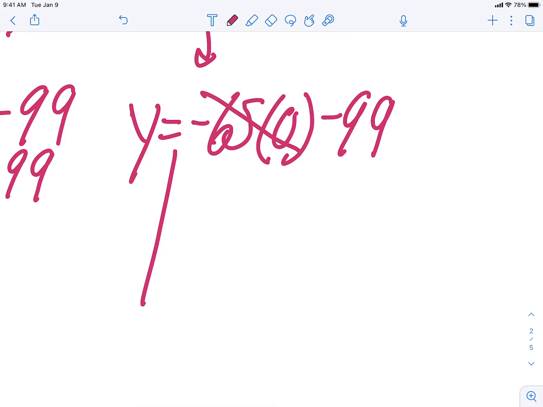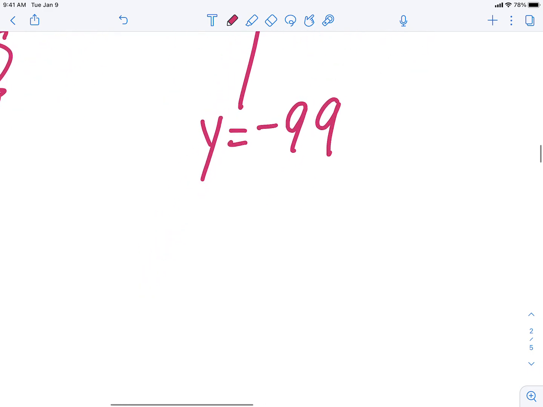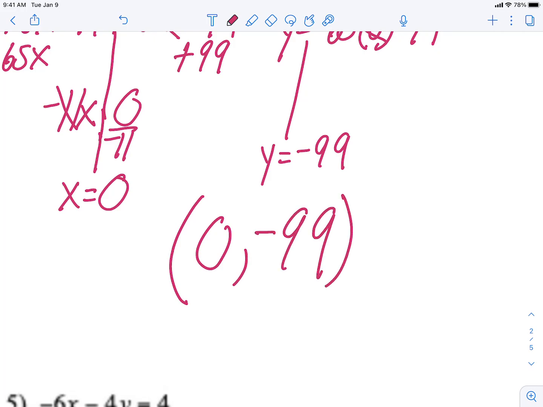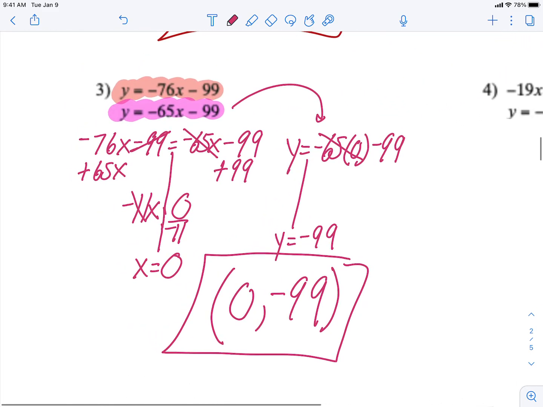Negative 65 times 0, 0, gone. So easy. y is equal to negative 99. So my ordered pair is x comma y. x is 0, y is negative 99. And there is my solution, kiddos. Look at that.